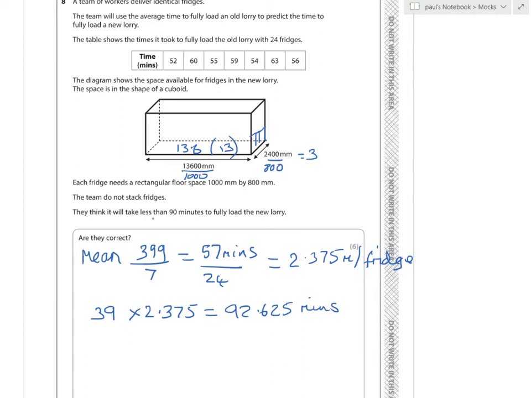They think it will take less than 90 minutes, so no, it's too long.